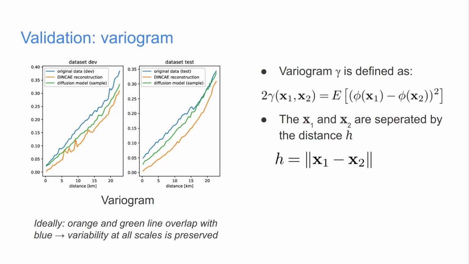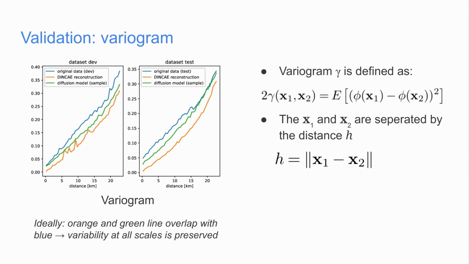approaches. There are different ways that we can validate this result. Here we're looking at the variogram, which tells you essentially how similar the field is between two grid points. If the distance between two grid points goes to 0, the variance between them should go to 0 as well. That's the variogram, and how quickly it goes to 0 tells you how much information you have at small scales.